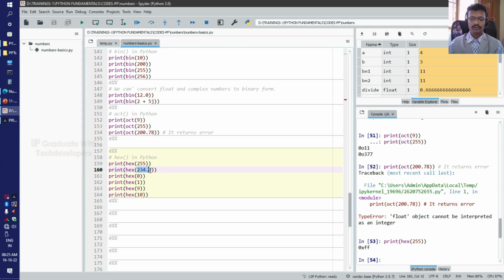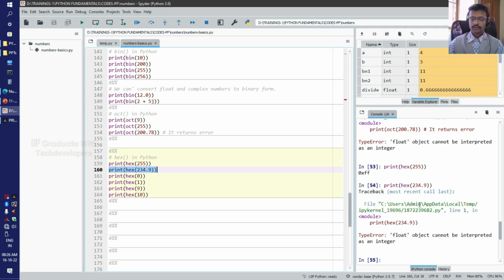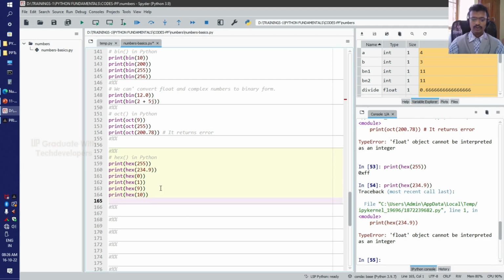Here we have a floating point number. We cannot create a hexadecimal number with the float object, but we can create for integers.